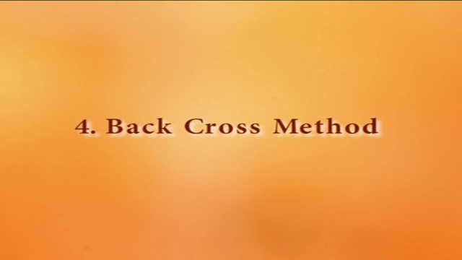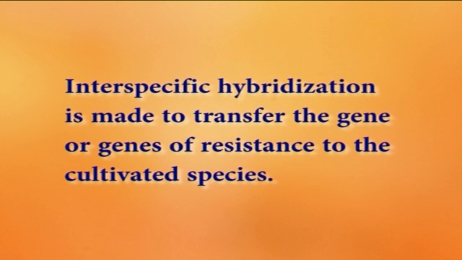Next is back cross method. Back cross method is widely used to transfer disease resistance from wild species. Wild species are rich sources of disease resistance. Interspecific hybridization is made to transfer the gene or genes of resistance to the cultivated species.